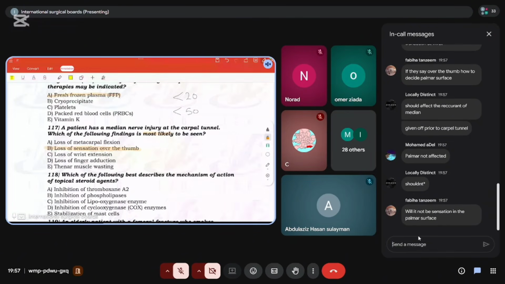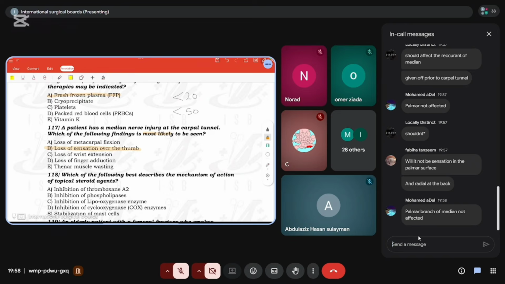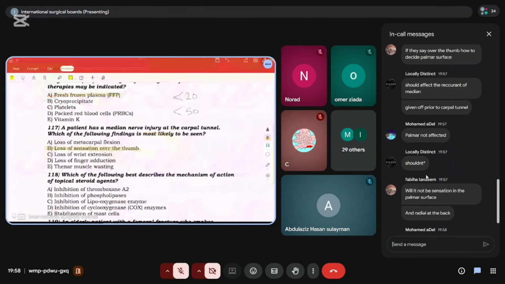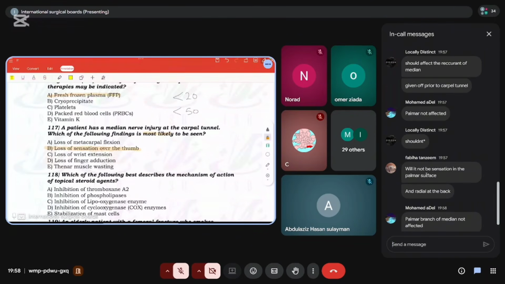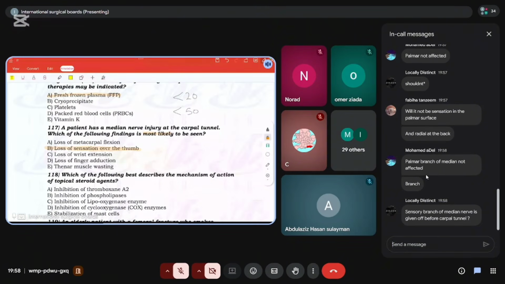Well, they didn't specify if it's palmar or dorsal surface of the thumb, but median nerve does supply the thumb. We cannot assume that. Muhammad said palmar not affected. No, the palmar surface of the thumb is affected, guys. Palmar surface of the thumb in carpal tunnel is affected. Yes, Muhammad. Now I agree with you. Palmar branch of median nerve is not affected. So what?